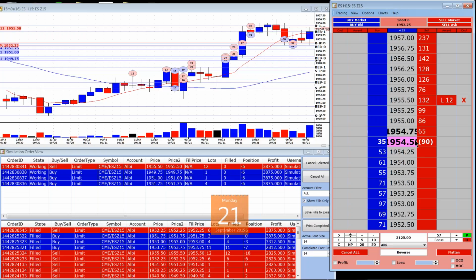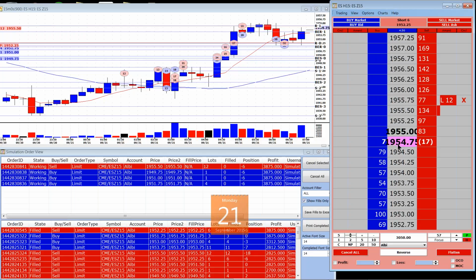Right now there have been 90 contracts bought at this level. Then it jumped up here because it traded one contract at this level, so that became the new number in parentheses. So what you're watching here is not only the price coming in, but how many contracts are actually being sold at that moment at that price.